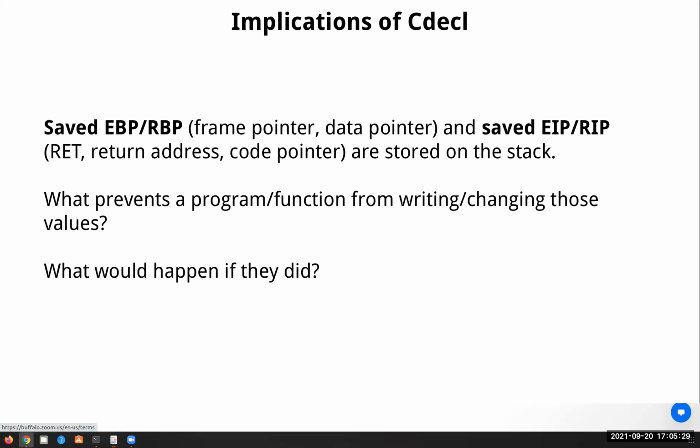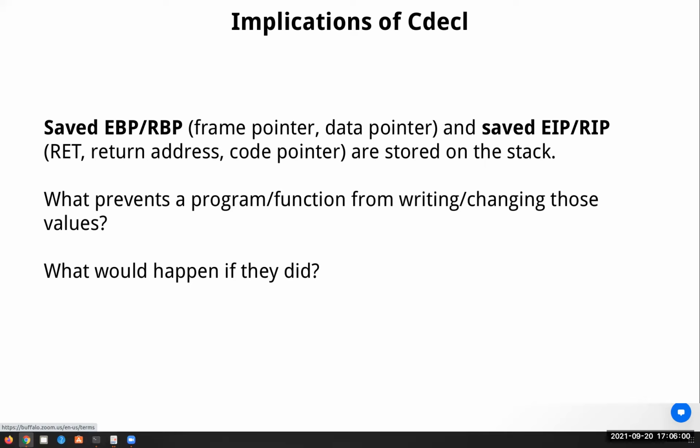The reason we have this problem is how the CPU is designed and how the compiler uses those hardware features. We know that on the stack we have a saved EBP or RBP, which is the frame pointer of the previous function.